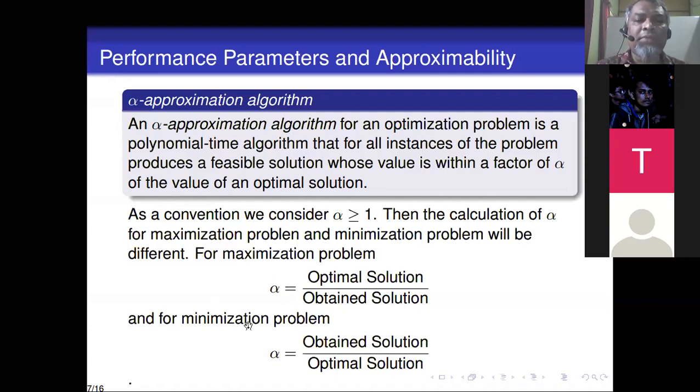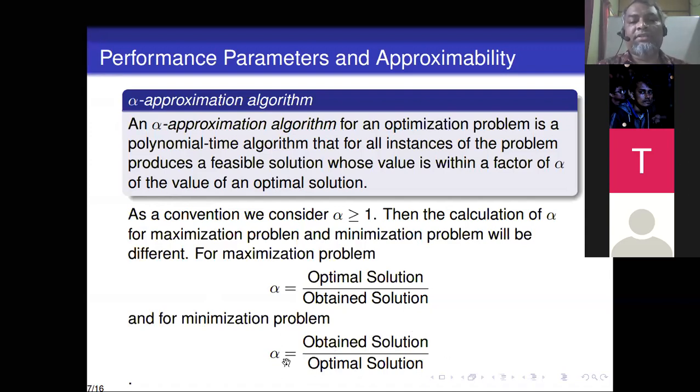And for a minimization problem, alpha is the obtained solution divided by the optimal solution. For a minimization problem, the obtained solution, that is the solution obtained by our algorithm, is greater than or equal to the optimal solution.